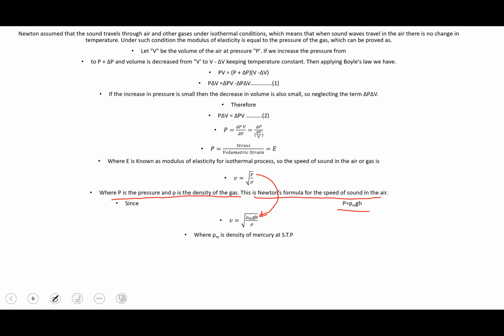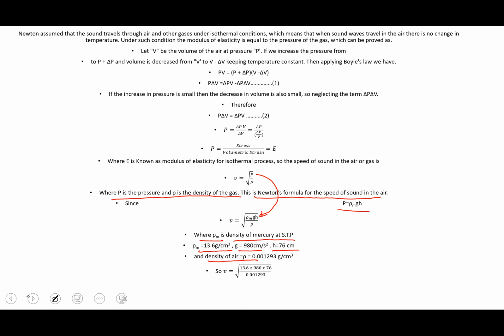Putting in the values, rho m is the density of mercury at standard temperature and pressure, which is 13.6 grams per centimeter cube. The value of g is taken in centimeters, 980 centimeter per second square, and the height is taken to be 76 centimeters. The density of air, rho, is taken to be 0.001293 grams per centimeter cube.